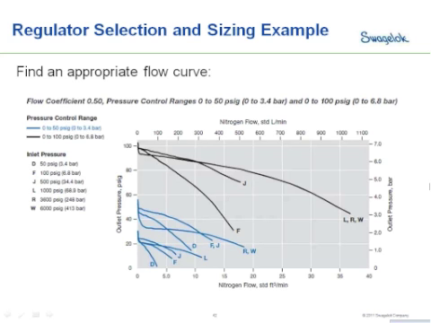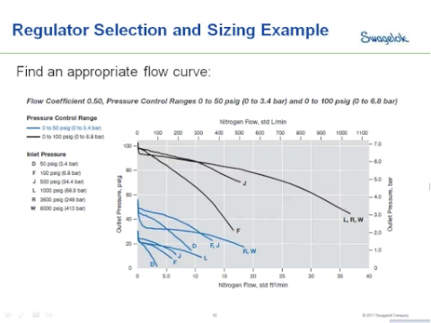So we've looked through a bunch of flow curves and identified an appropriate flow curve for our application. And as we look here, the 0 to 50 psi control range, the blue lines, aren't appropriate for our application. With the Droop and the Lockup, they end up well below our target pressure of 50 psi plus or minus 10 psi.